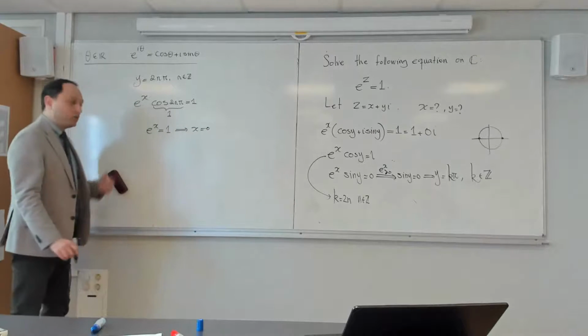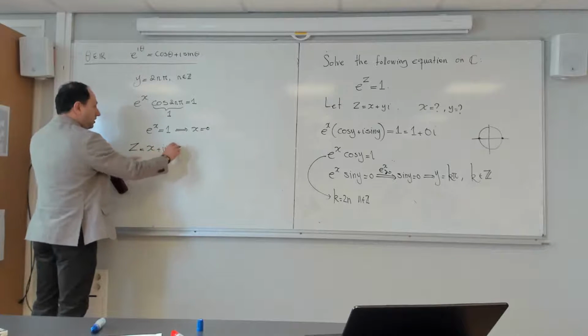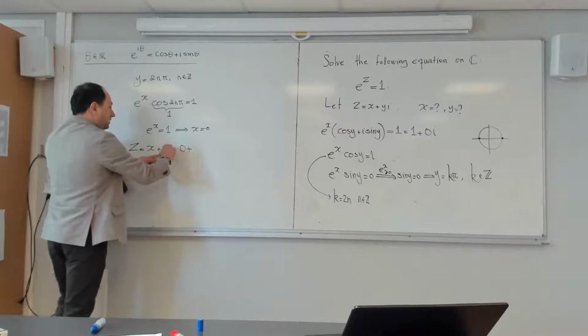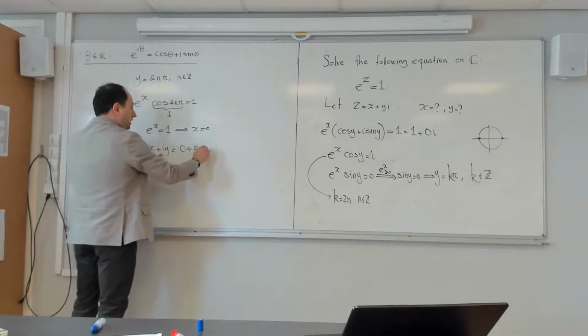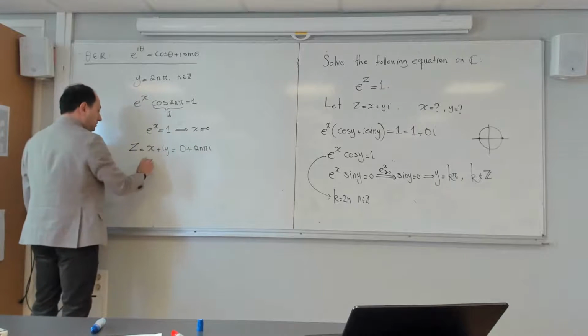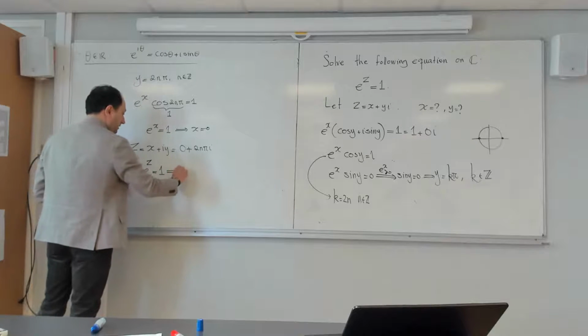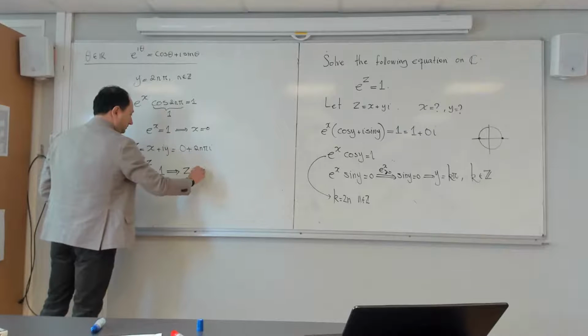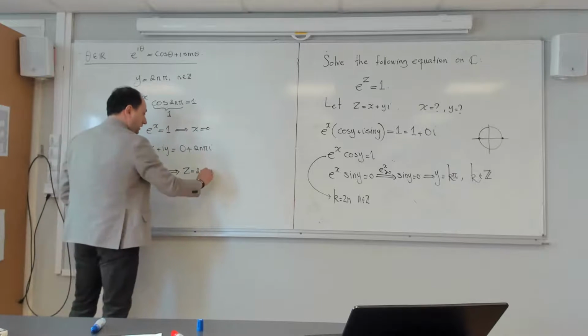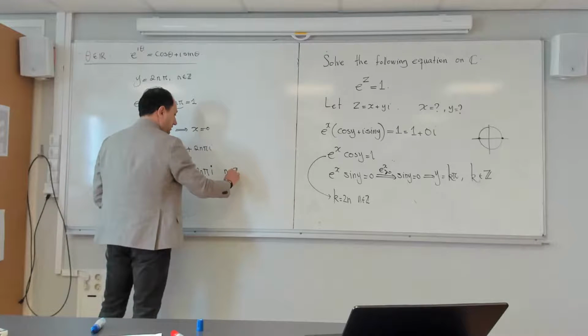Yes? So now I was looking for z. Z is x plus iy. I got x equals 0. I got y to be 2n pi. So that's it. Now we have all your solutions, infinitely many solutions: z equals 2n pi i, and n is an integer.